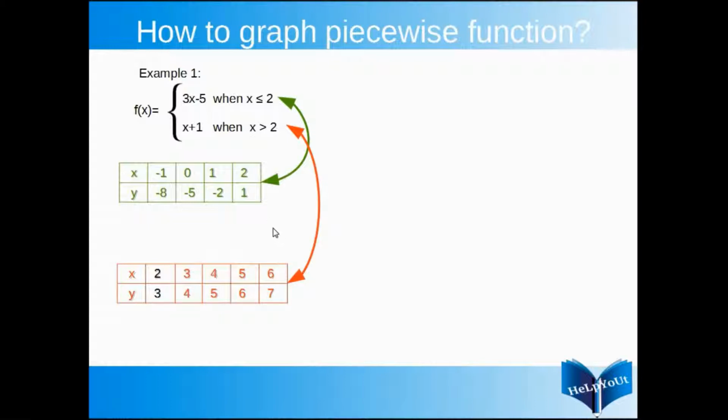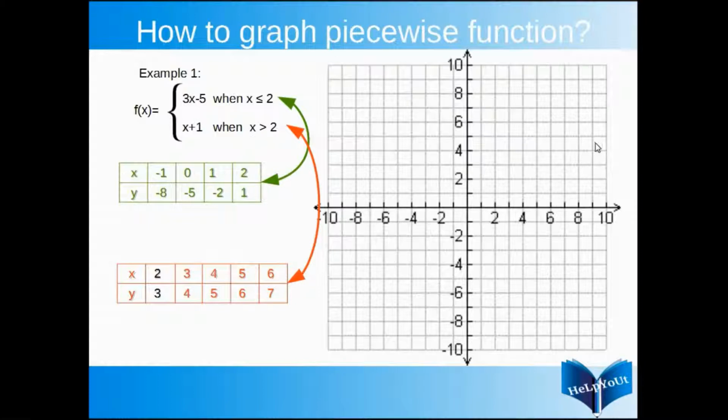Now let's graph this. To graph this, we will plot the given points. After plotting the first table here, I have got this line from minus 1, minus 8 to here, which is 2, 1. Then I am going to plot this second table.